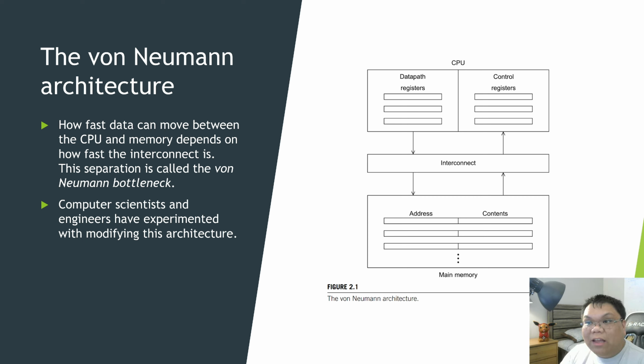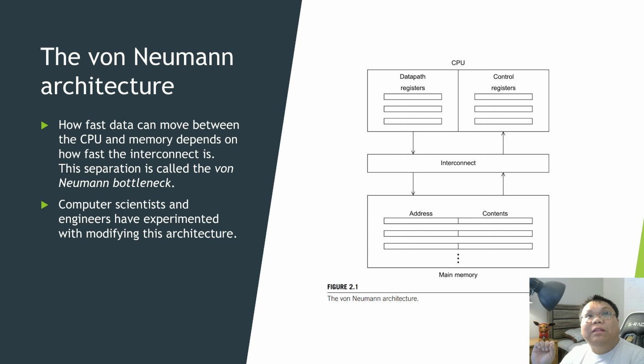By that I mean, in the time it takes the CPU to access something from memory, it could have been executing several instructions, one by one, of course. And when people say memory is slower than the CPU, this is why.